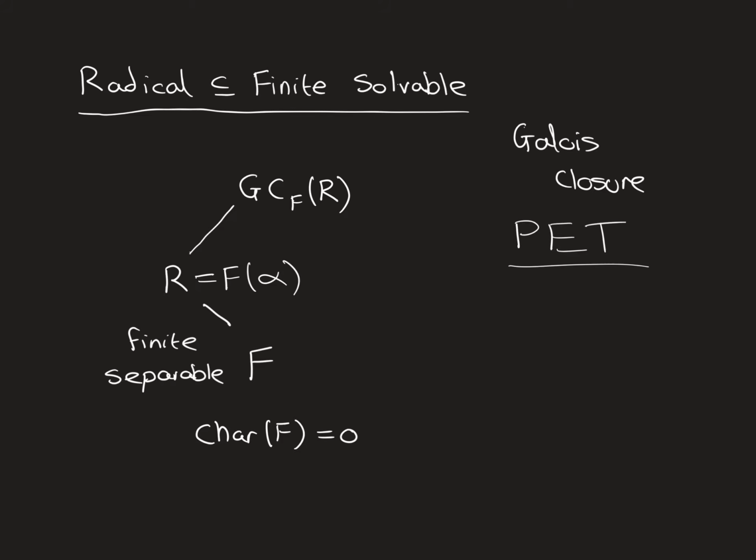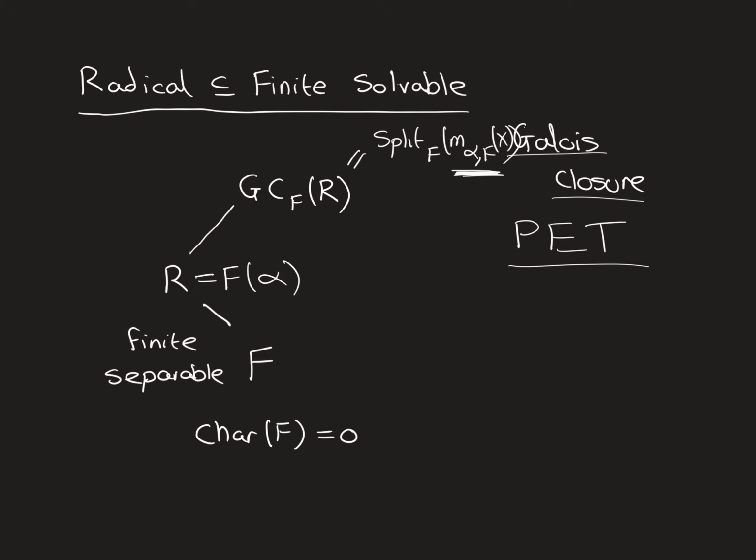And now we can spell out nice and concretely what the Galois closure of R over F is. It will be the splitting field over F of the minimal polynomial of this primitive element alpha over F. That polynomial is going to be irreducible.